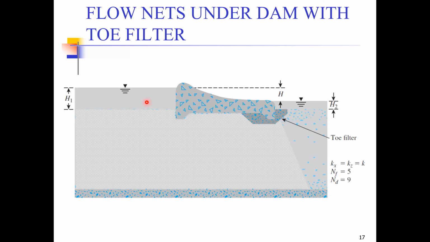So all the water which is flowing from the upstream end to the downstream end terminates over here at the toe filter. Now you can understand the basic phenomenon behind the toe filter, I would again request you to pause this video here and try to draw the flow nets for this structure.